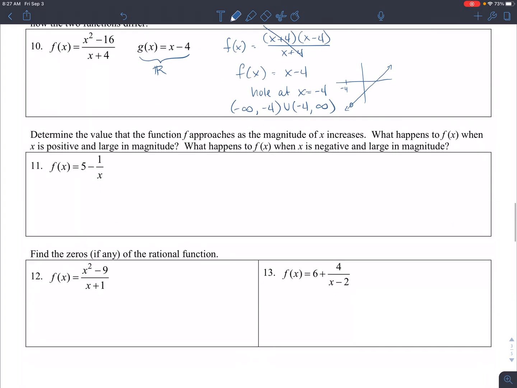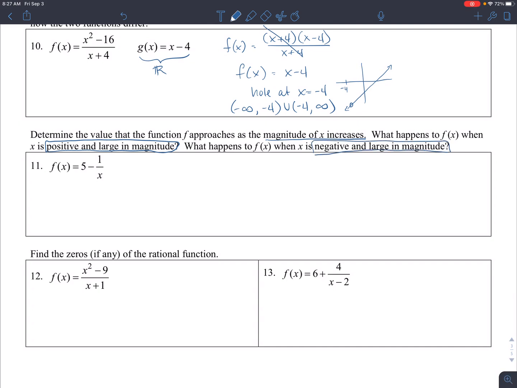Number 11 is a little weird in that the wording of it is a bit strange. They want you to determine the value that f approaches as the magnitude of x increases. So they'll say, what happens to f of x when x is positive and large in magnitude? What happens when it is negative and large in magnitude?